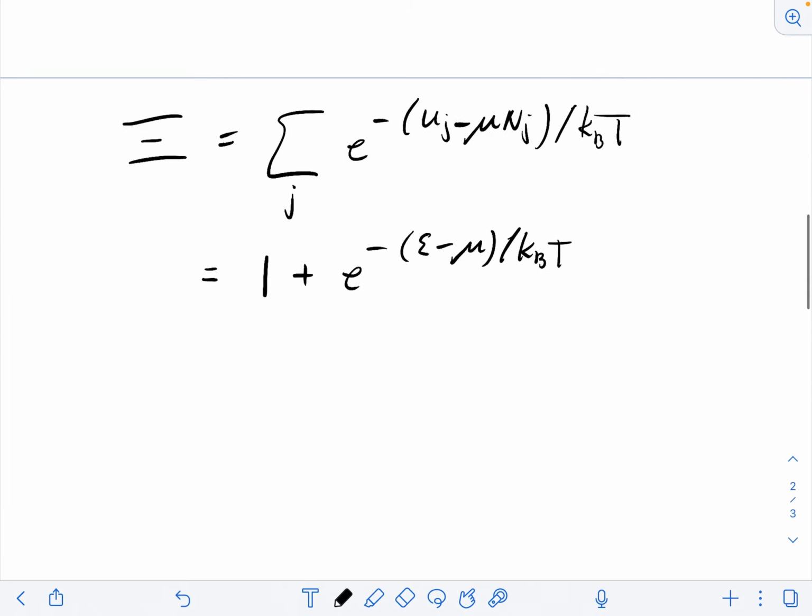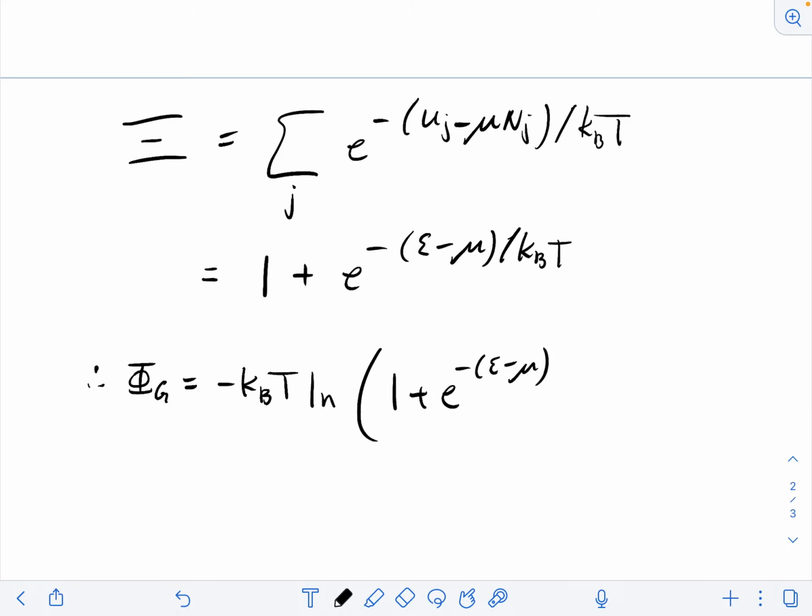All right, so if we were to construct the grand potential, we would just take minus kBT times the ln of this. And so we're going to have the ln of 1 plus e to the minus (epsilon minus mu) over kBT.